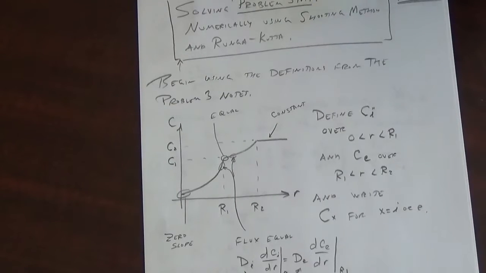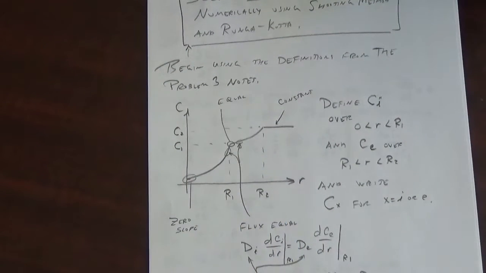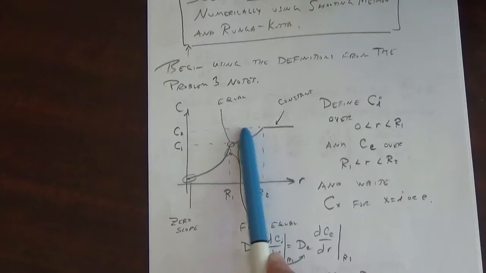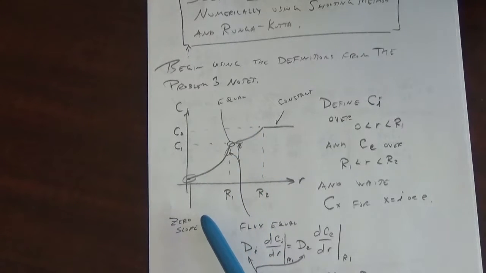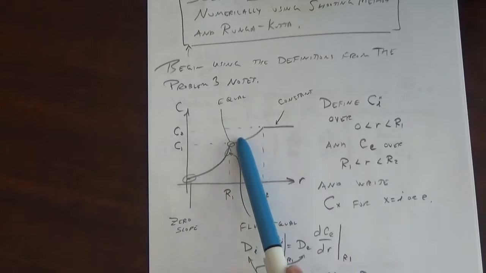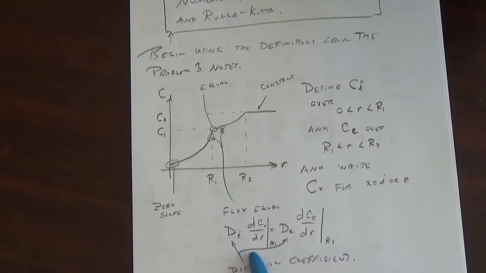And the fourth boundary is that we're in equilibrium, and because we're in equilibrium, it means the flux of mass going in and going out have to be equal. And we know from Fick's first law that you can write the flux as the slope of the concentration times the diffusion coefficient.